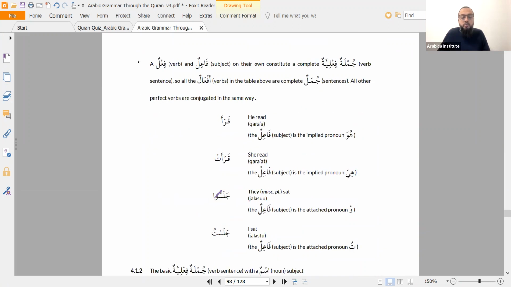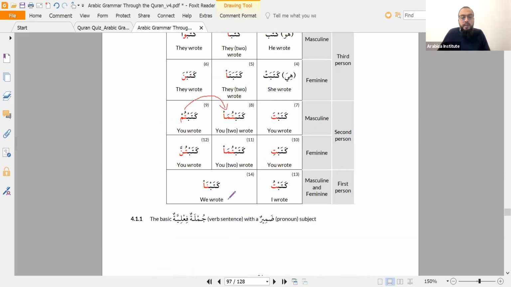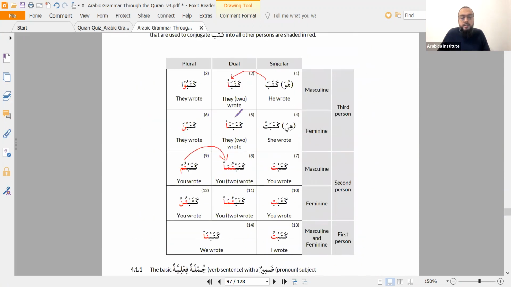In this verb jalasū, going back up here, I've made the pronouns used to conjugate some of these verbs red. So the only two verbs that don't conjugate with a pronoun are kataba and katabat. All of the others conjugate. The word conjugate in English means the change you have to make to a verb for when a different person is doing the action.